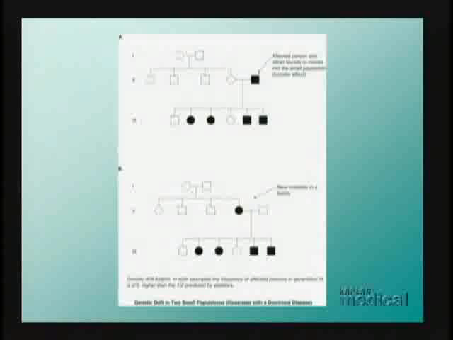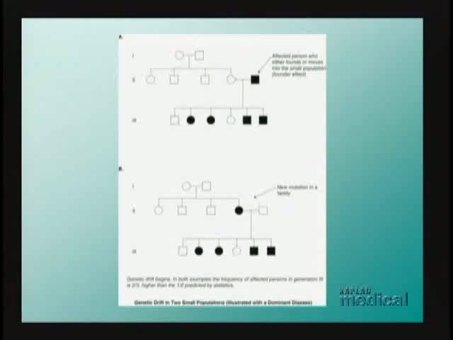The pedigree at the top of this slide is illustrating the founder effect. The founder effect occurs if a particular person moves into an area or founds a particular population in some area.